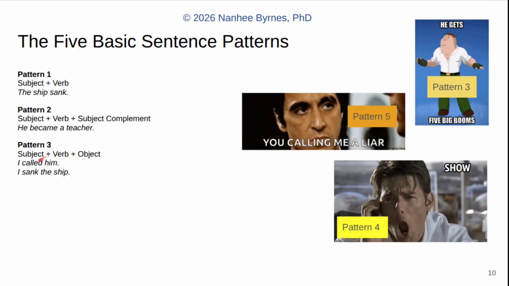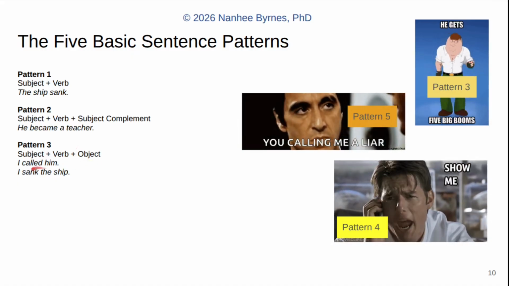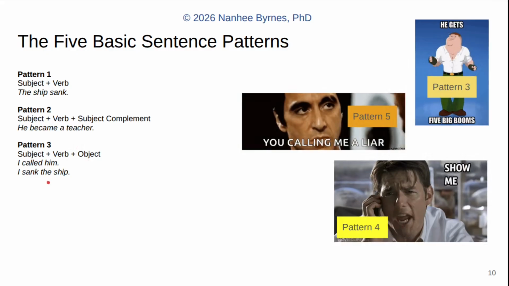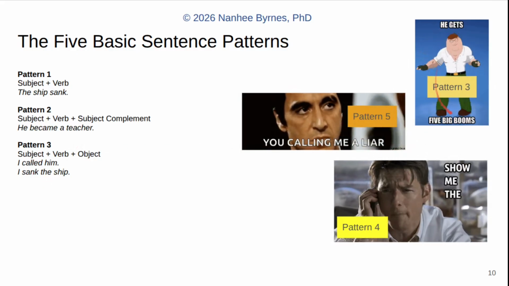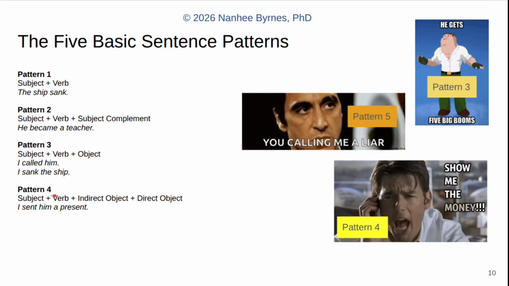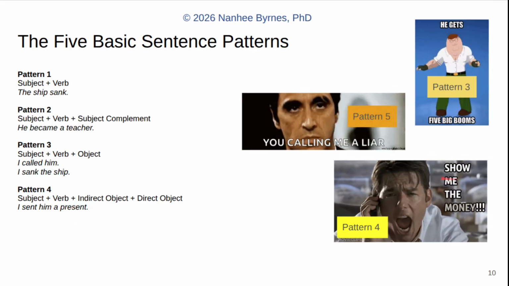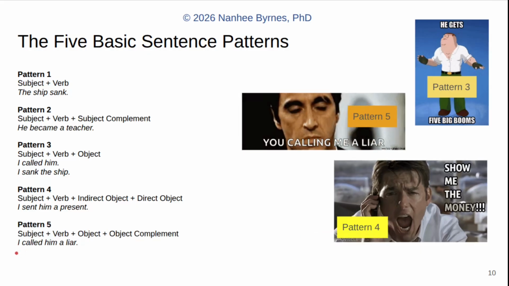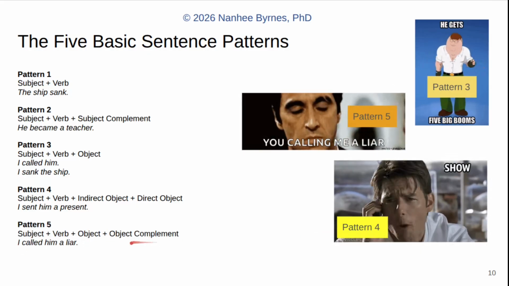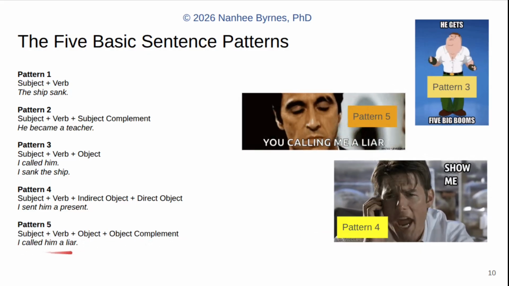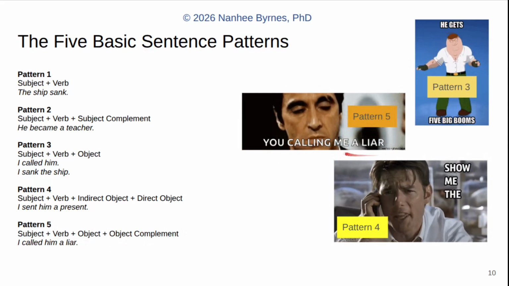Pattern 3 is subject, verb, and object, as in, I called him, or I sank the ship. Pattern 4 is subject, verb, indirect object, and direct object, as in, I sent him a present. Pattern 5 is subject, verb, object, and object complement, as in, I called him a liar.